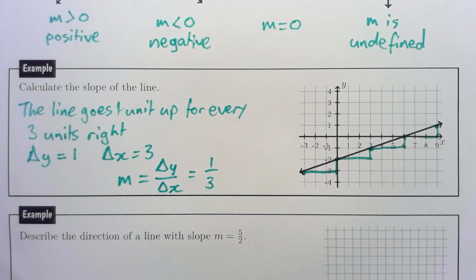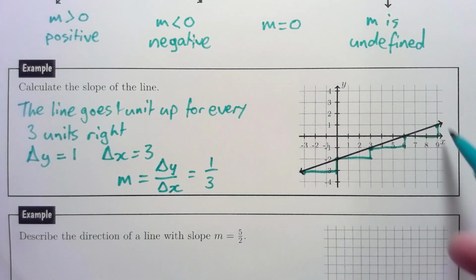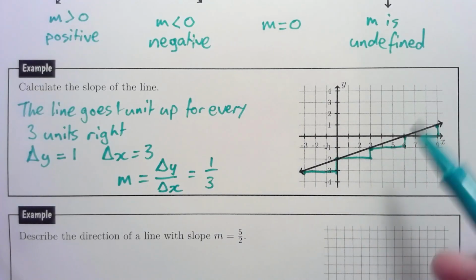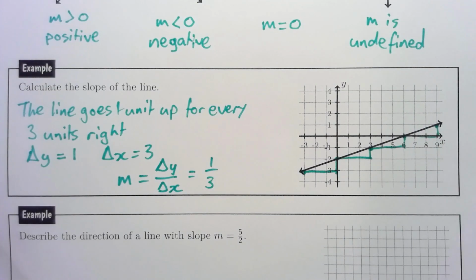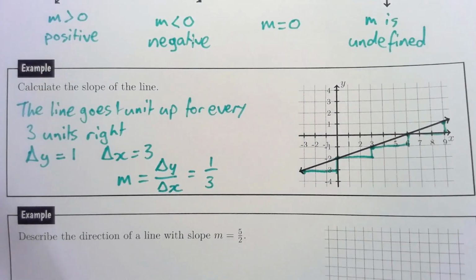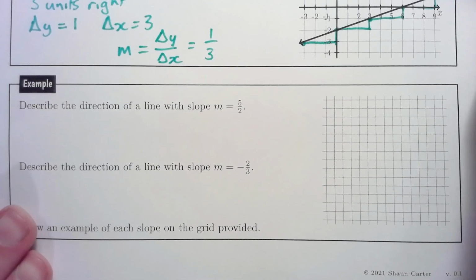And this doesn't simplify, so we'll just leave it as that. So we haven't actually worked out a rule for this graph yet, but we have worked out the slope, which, remember, is the same as the rate of change.